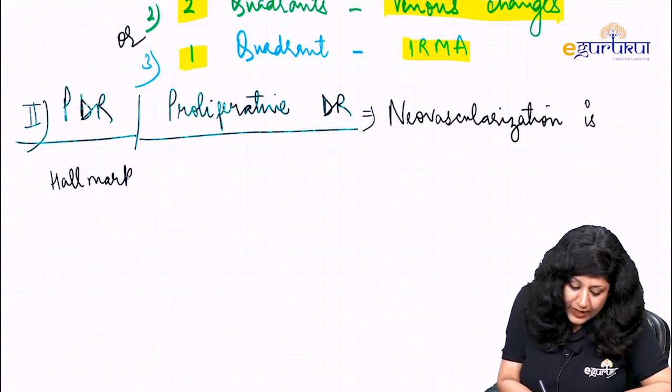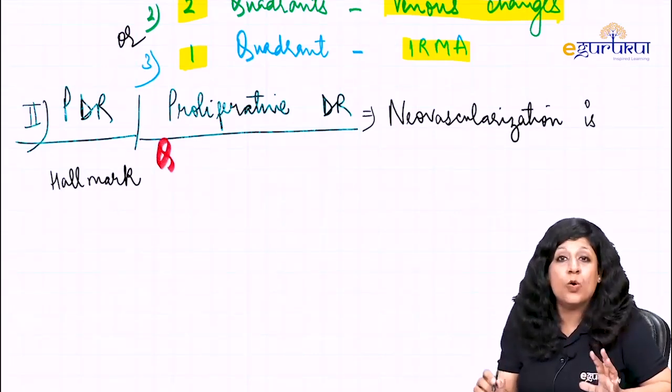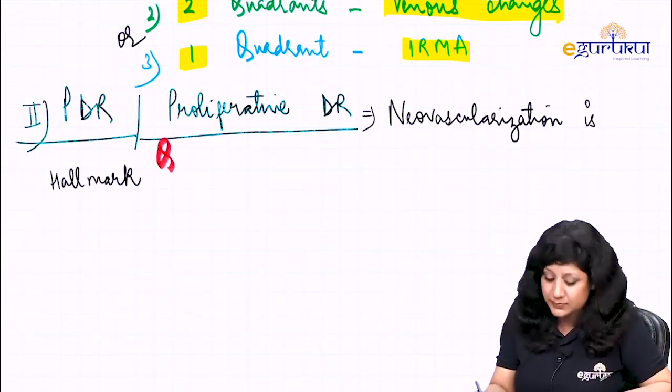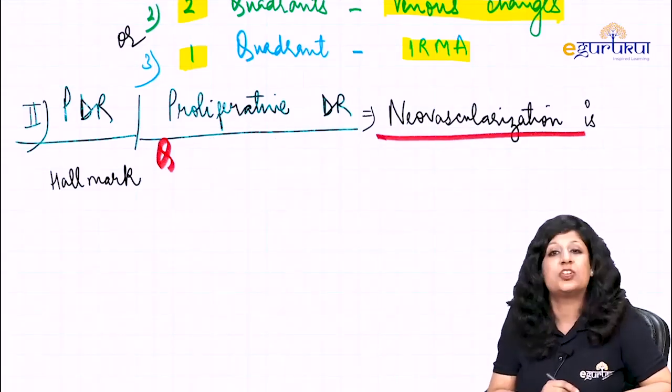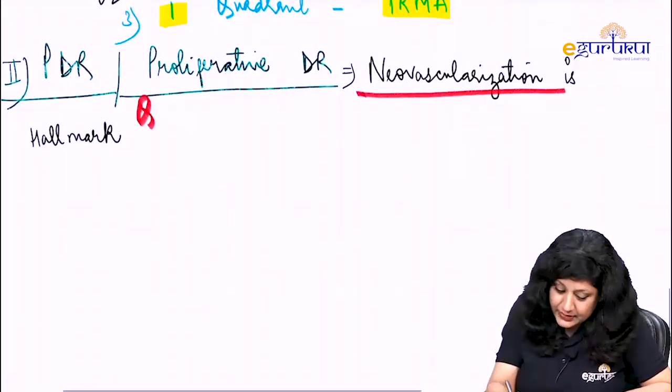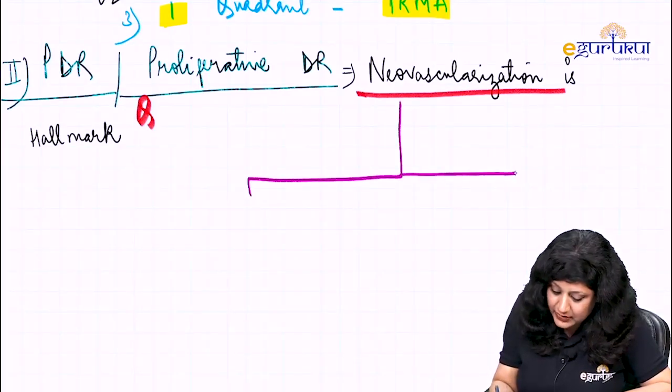Now can you see the difference? While the hallmark of NPDR, of diabetic retinopathy as a whole, was microaneurysms, for the PDR stage neovascularization is the hallmark, and this neovascularization can occur at two places.